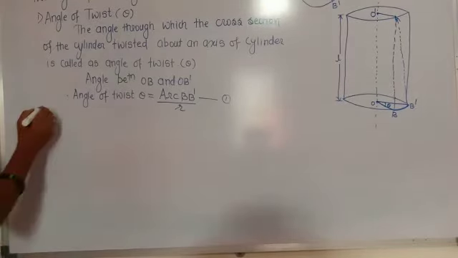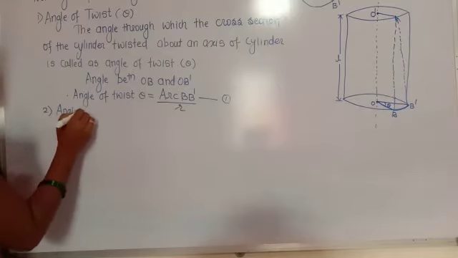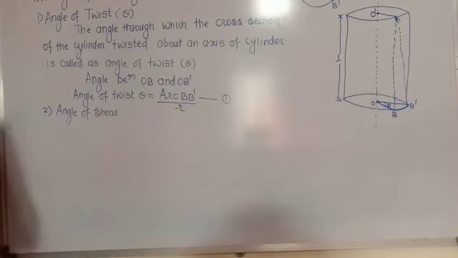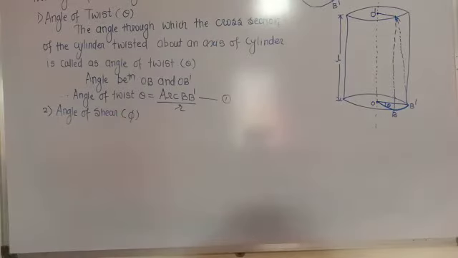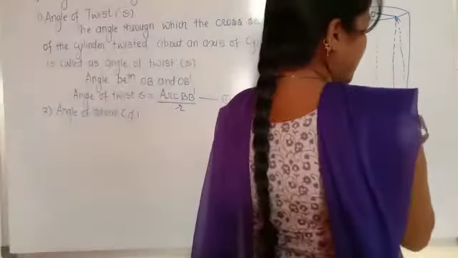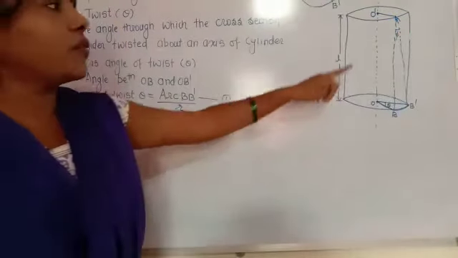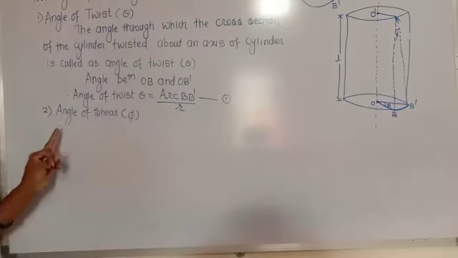Next, the second is the angle of shear, and this angle of shear is denoted by the letter phi. This angle is nothing but the angle between AB and AB dash. It is called the angle of shear.